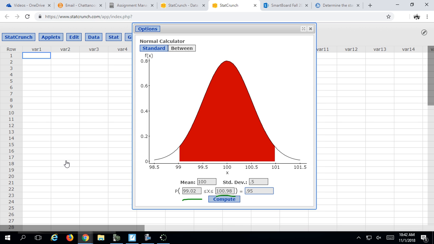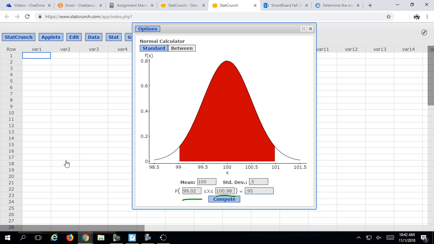Okay. Now, what does the 95% mean? Well, the 95% means we can't be 100% sure that that's the case. That means if we did this 100 times, about 5 out of 100 would be wrong. You wouldn't be within 1 of 100. Only about 95 out of 100, or that's about 19 out of 20. Okay.